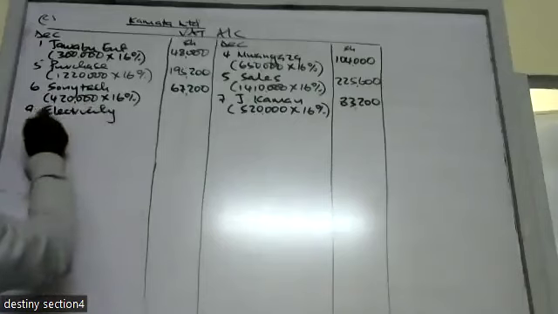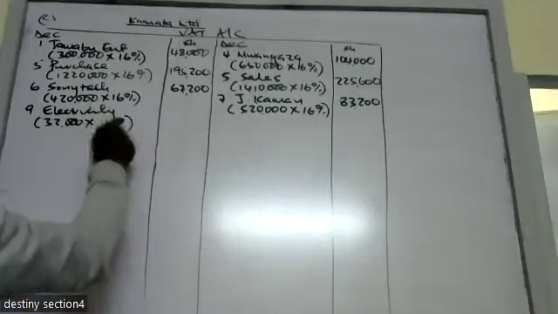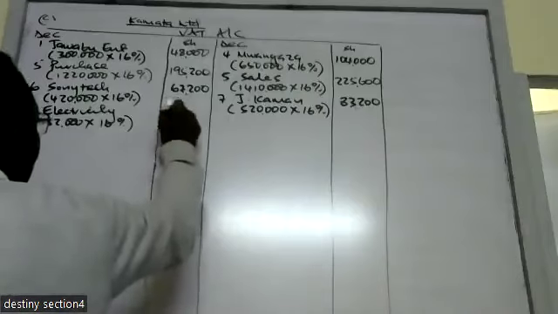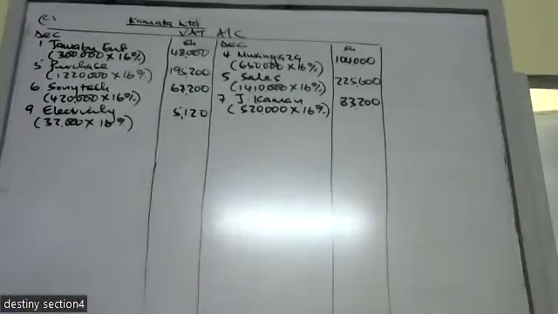It will be 32,000, subject to VAT of 16%, and you get 5,120. So that's electricity for date 9.